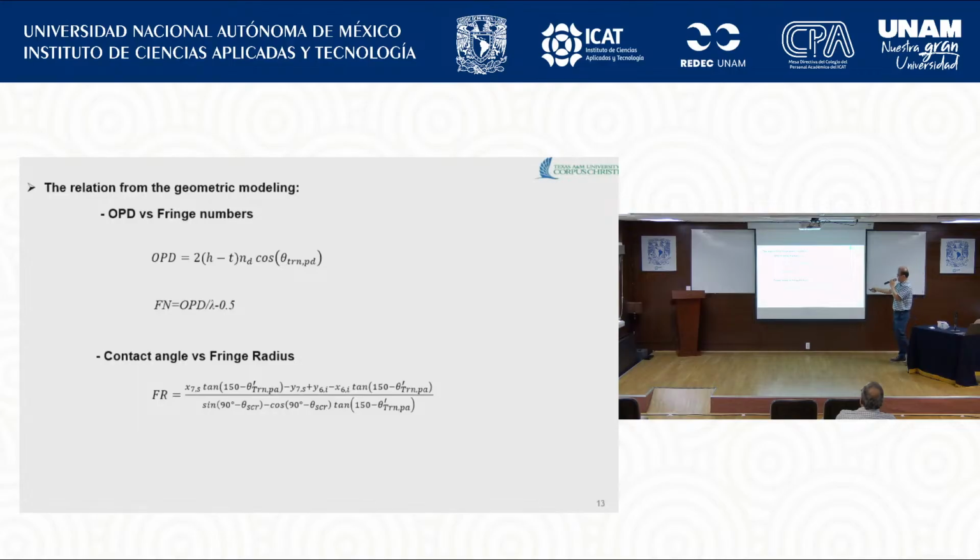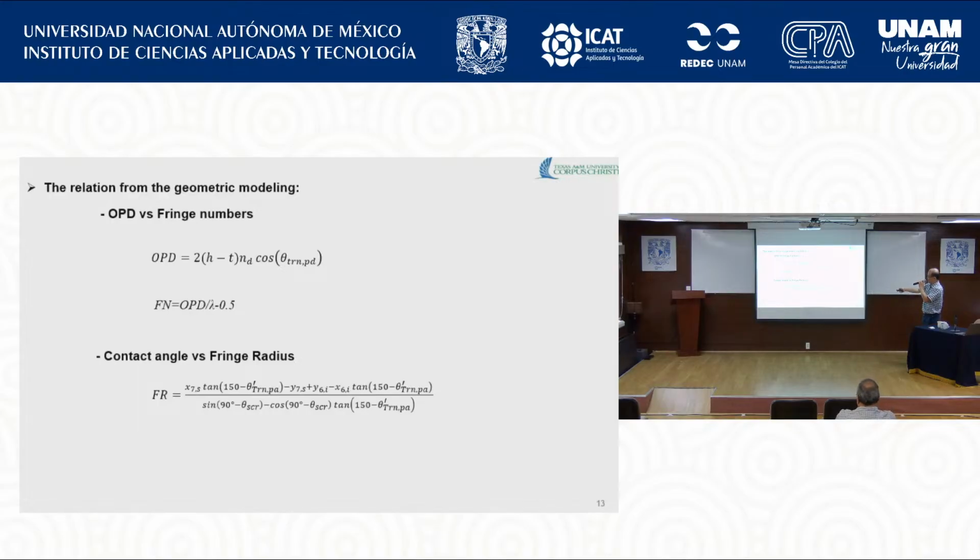Okay. And here Fn is the fringe numbers, right? And lambda is the wavelength. And also we've got this relation correlating the contact angle and fringe radius. Now this relation shows the fringe radius as a function of contact angle here. It's not shown here, but theta TRN PA is a function of contact angle.